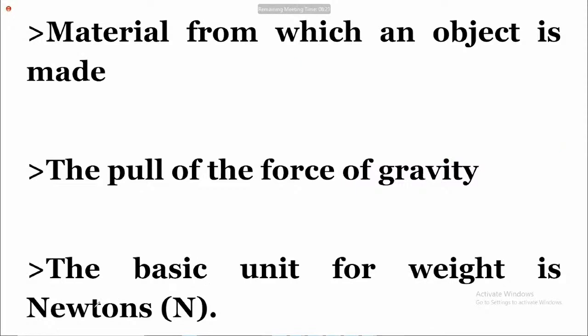They might say, name the best unit for measuring weight. The best unit for measuring weight is called newtons.